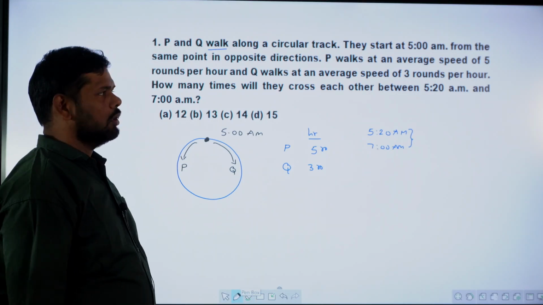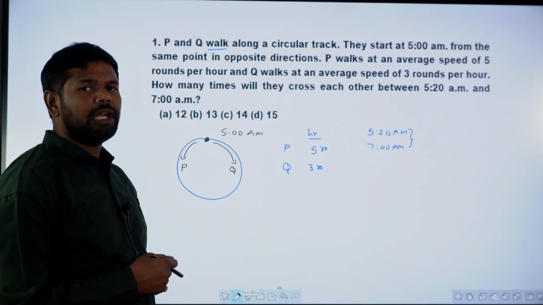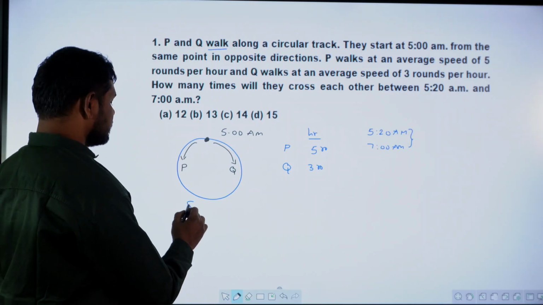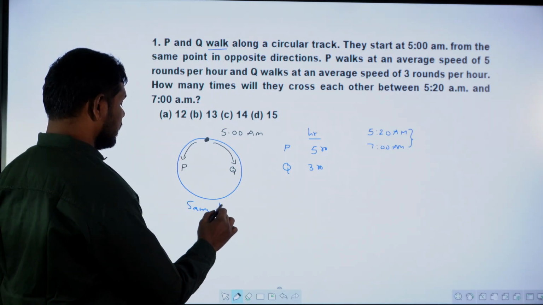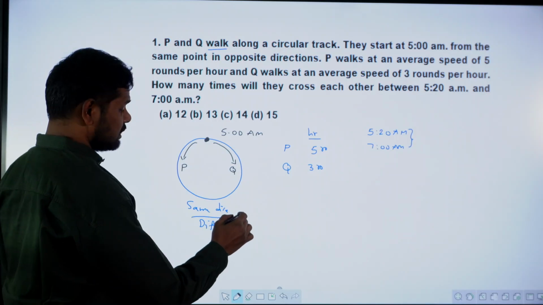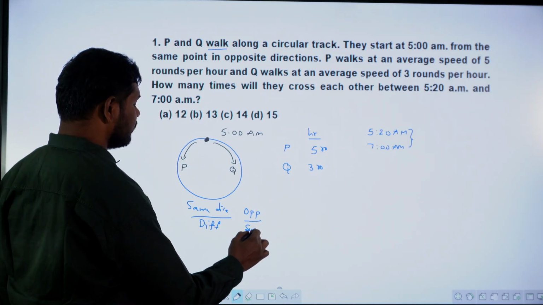Now we observe. If both were moving in the same direction, then to find how many times they cross each other we would take the difference of their speeds. For opposite directions, the relative speed becomes the sum of their speeds.